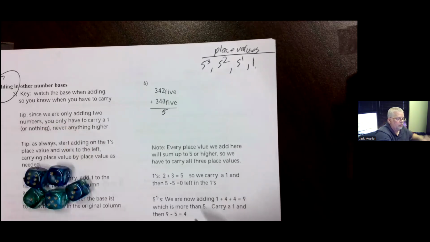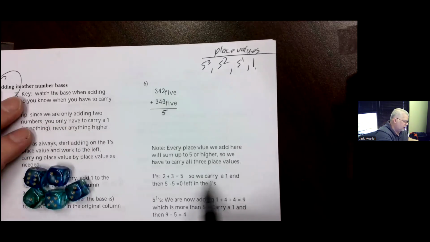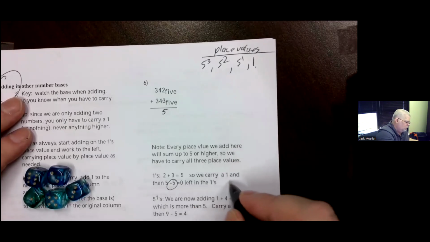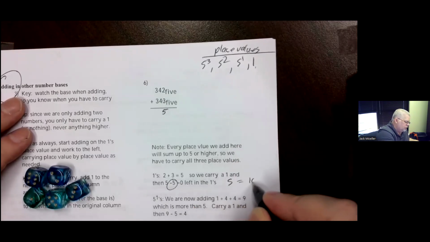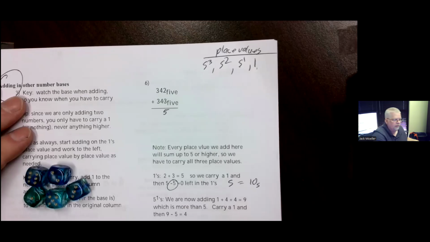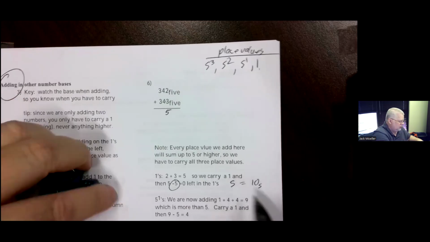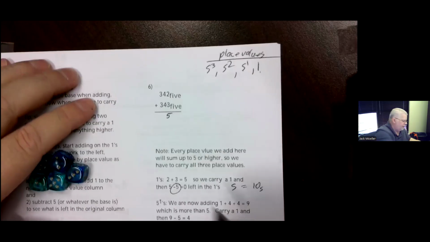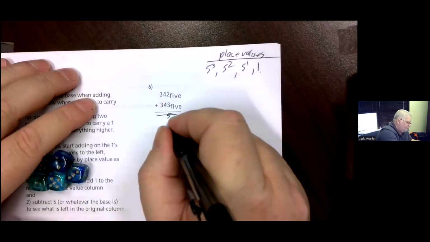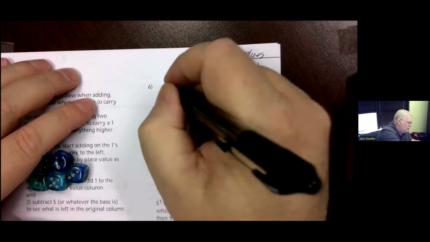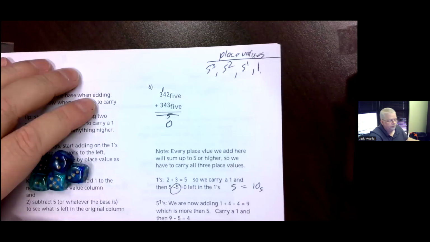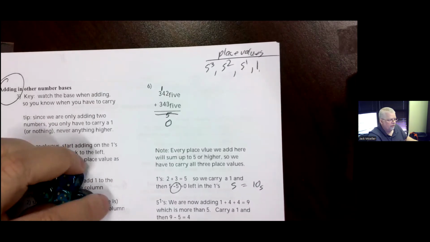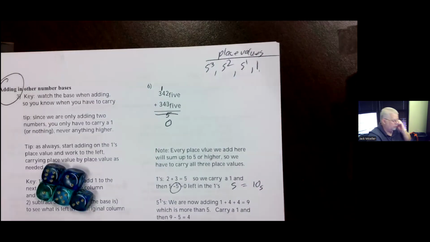None, because we took all 5 off. If you want to know the leftover, you subtract your base. So 5 in base 10 is equal to 10 in base 5, which is 0 ones and 1 five. So we put a 0 there and then carry the 1. Every time we get a group of 5, we're going to have to carry it on.